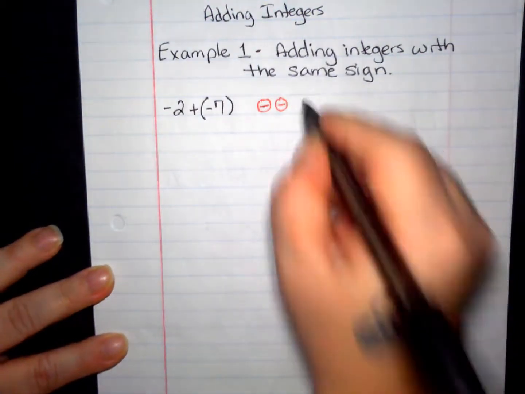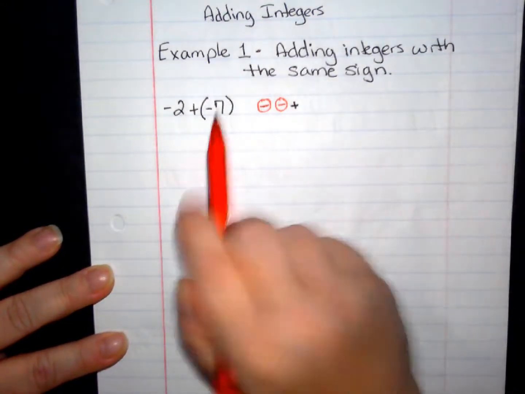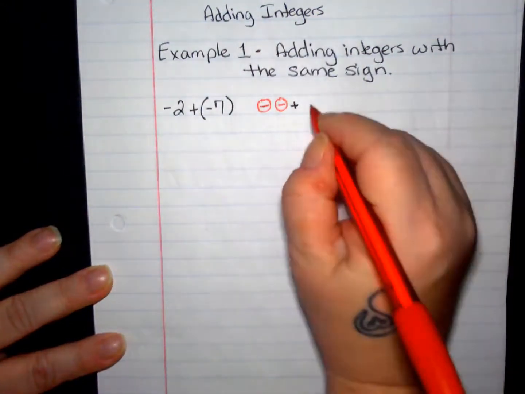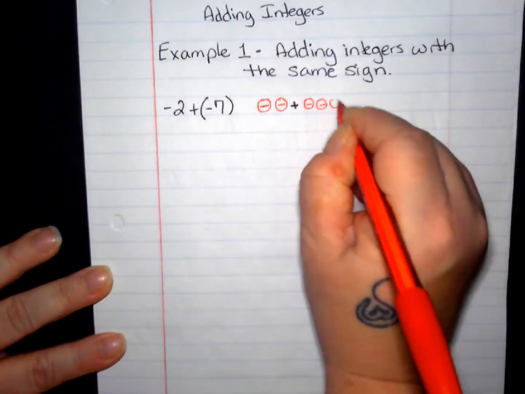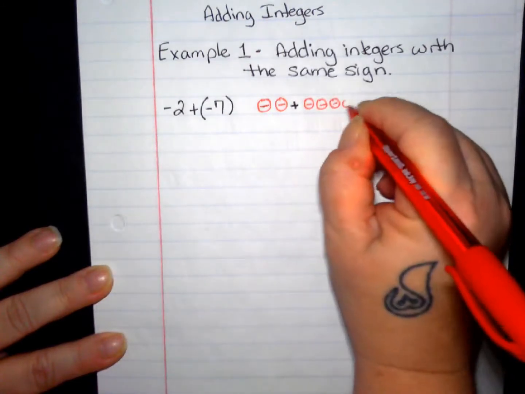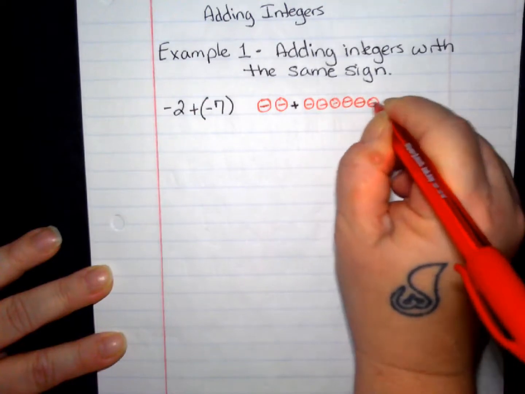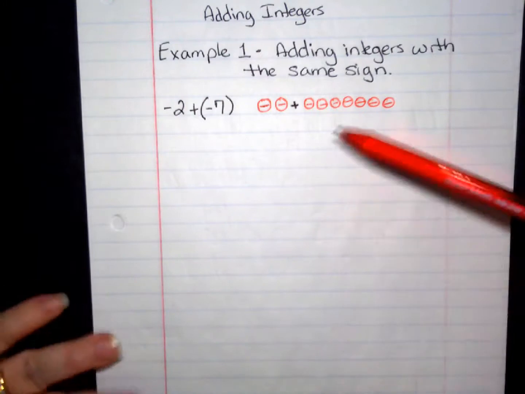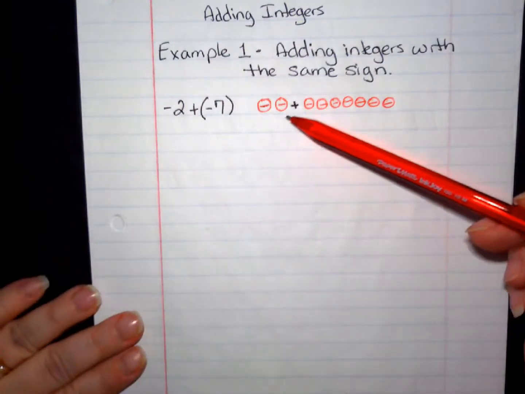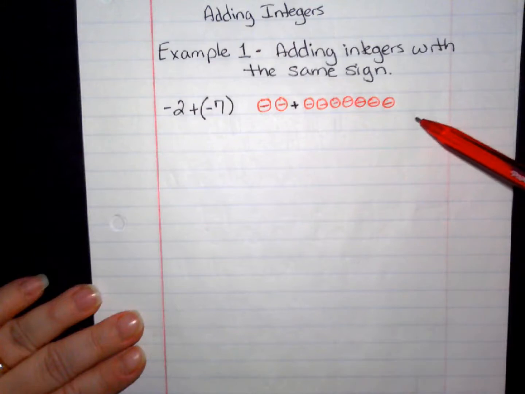Okay? And then I have to add my second number, which is -7. So I have 1, 2, 3, 4, 5, 6, 7. So now I have 1, 2 plus 1, 2, 3, 4, 5, 6, 7.